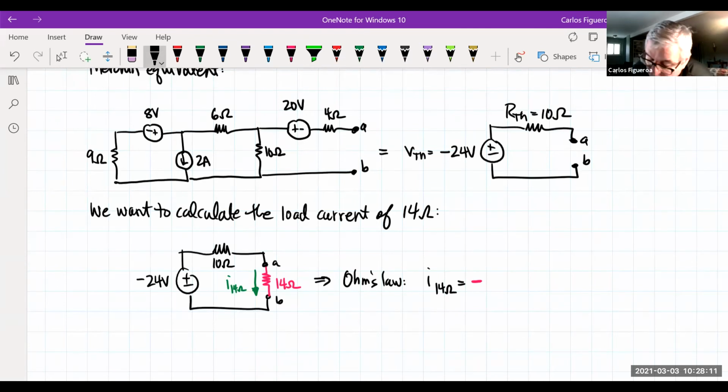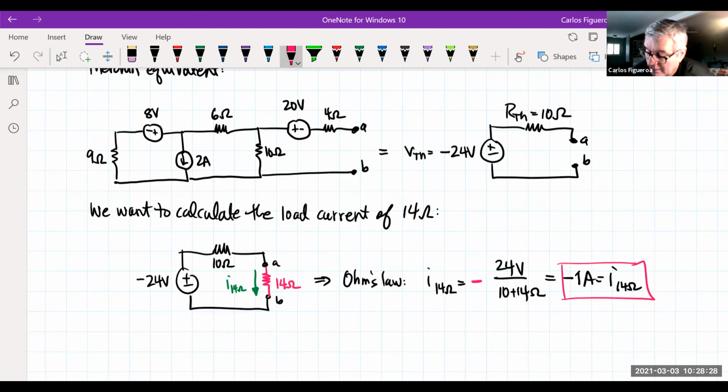And that's going to be what? 24 volts divided by 10 plus 14 ohms. And clearly that's negative 1 amp for the 14 ohm resistor. And you got to admit, even though Thevenin's is a pain to deal with, once you get it into that Thevenin equivalent circuit, it's pretty nice what you actually solve in the end.